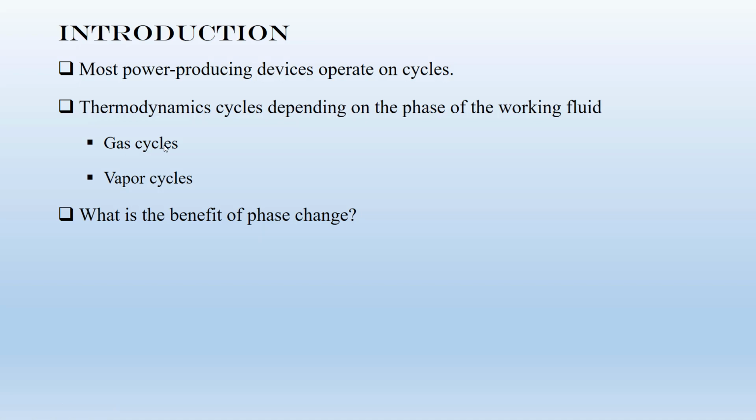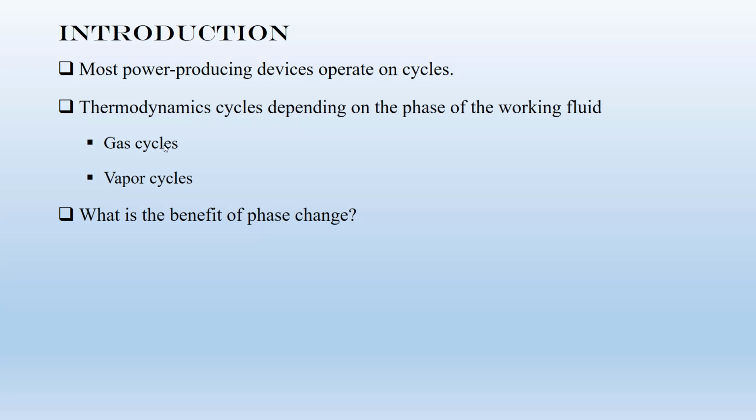If you remember, the heat engine is a vapor cycle, because we had phase change in the heat exchanger. So what's the benefit of phase change? If you want to transfer a huge amount of heat, you should use the vapor cycle. We already discussed that we have two types of heat transfer: the latent heat and the sensible heat.